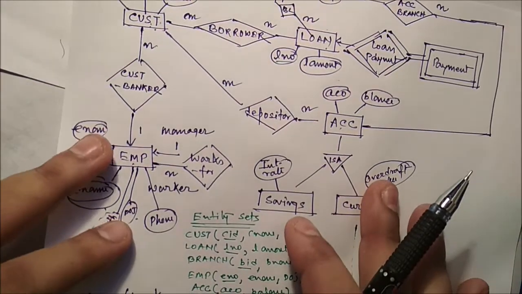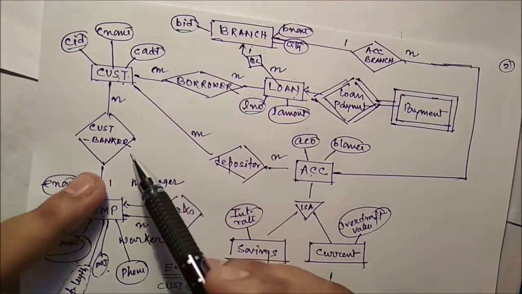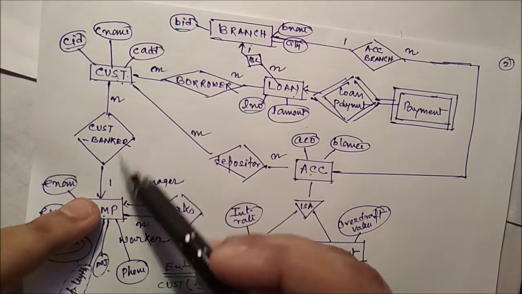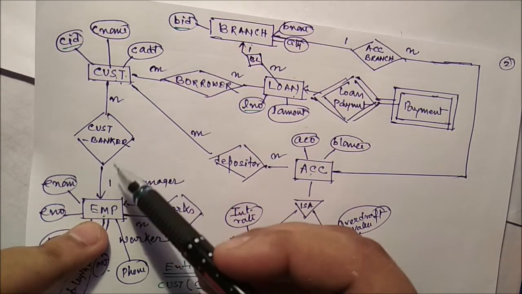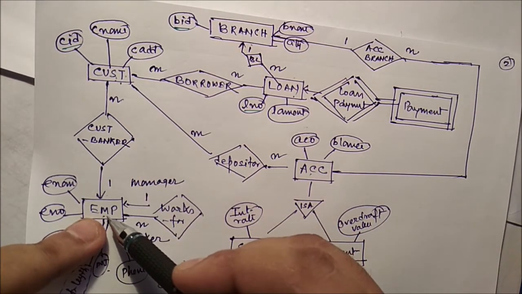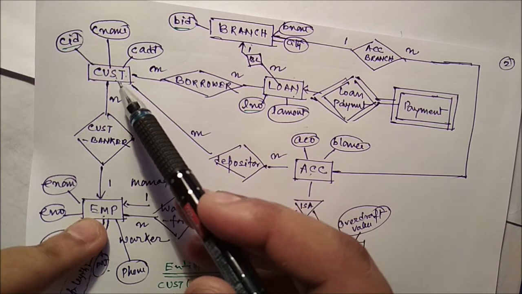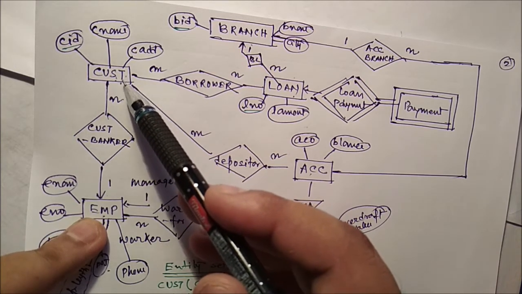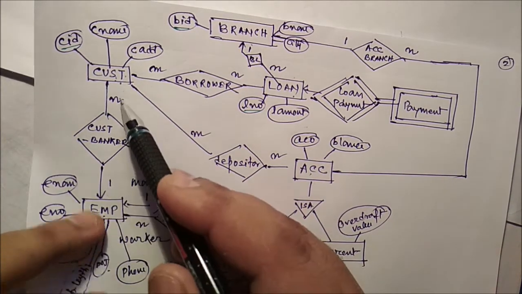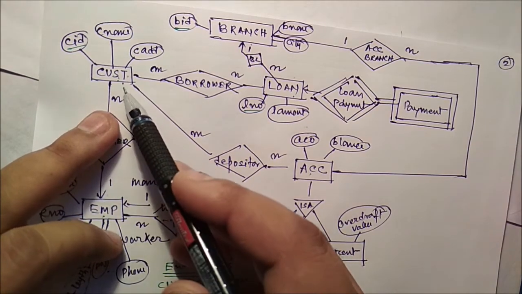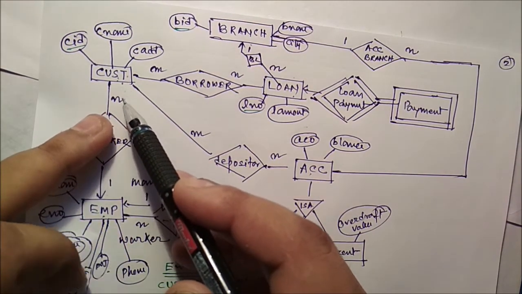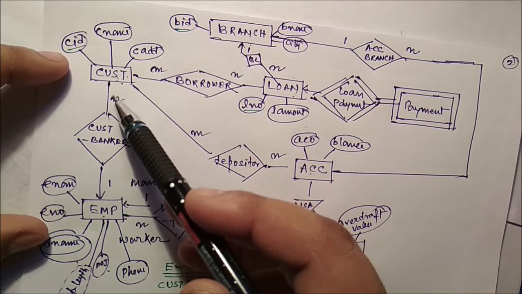Now after that, we see the relationship sets one by one. The first relationship set is customer banker. If it is a 1:n relationship, that means under one employee there are many customers, but for a particular customer there must be one employee. So on the n side we have to put the key, the foreign key.